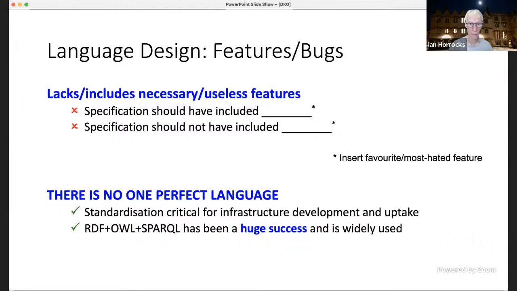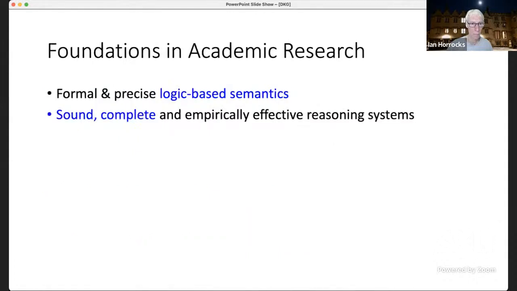And I think that we can, hopefully with hindsight, all see the benefit of that, and that having this set of standards, RDF plus OWL plus SPARQL, has been a massive success. I bump into people all the time just out there in the wild, in industry, who know these standards, that use them and are very happy with them. And it's had an enormous number of benefits, I think.